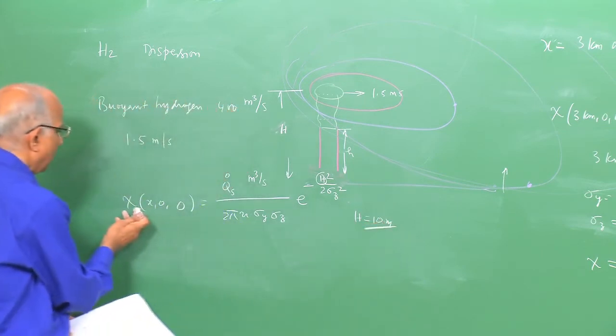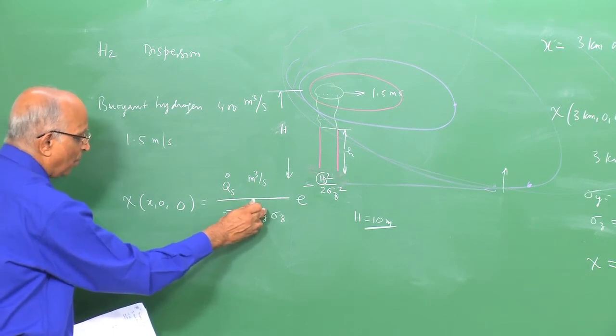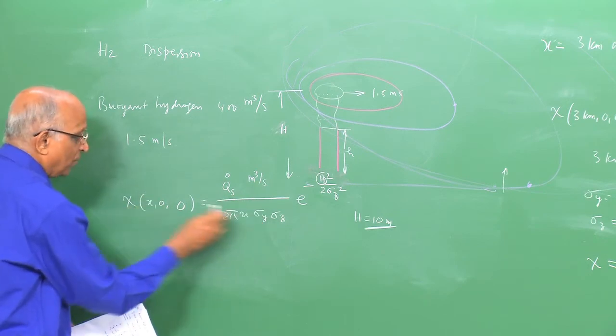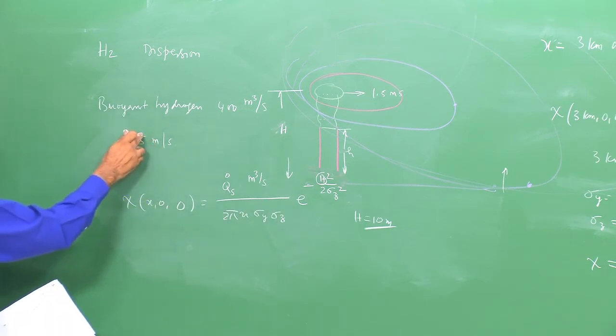Well, I can find out the value of chi at different values of x, for which sigma y is so much, and sigma z I can calculate using the correlations.